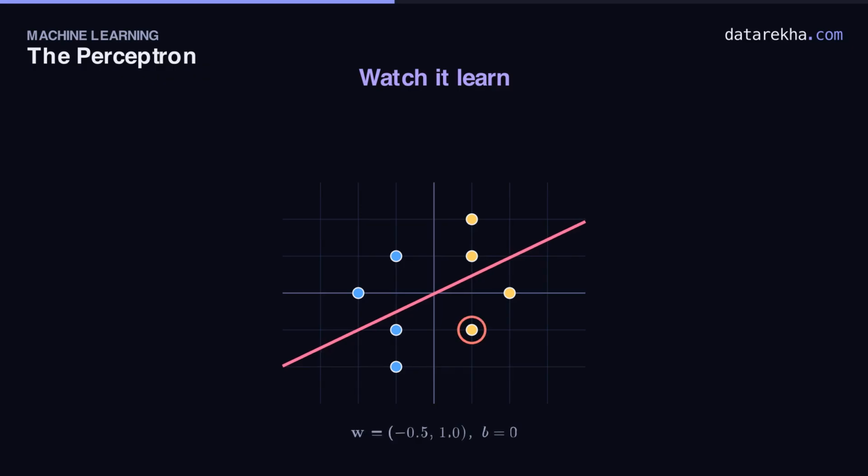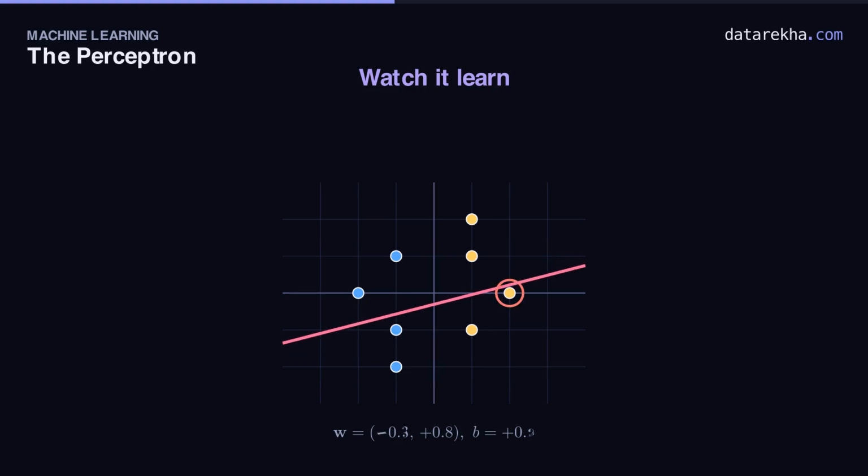The first gold point on the right is wrongly on the minus side, so the line swings toward it. Another gold point is still misjudged. Nudge again, and the line keeps tilting upright. Now a blue point sits on the wrong side, so this time the line leans back the other way. A gold point slips through once more.